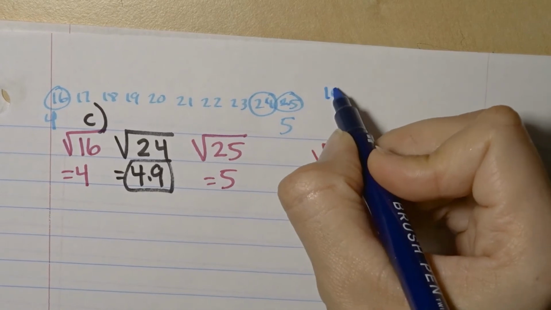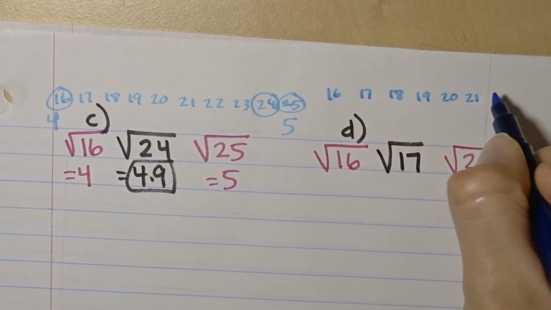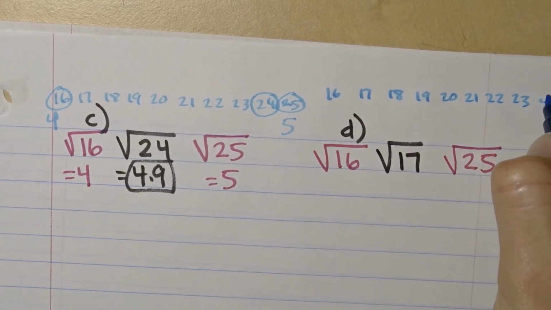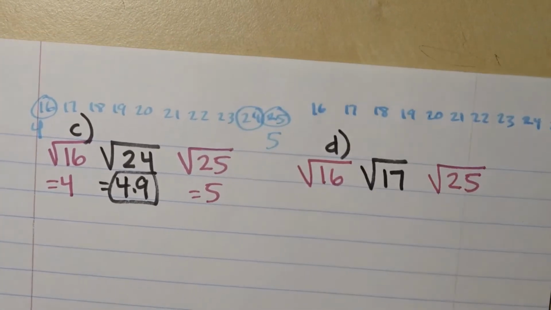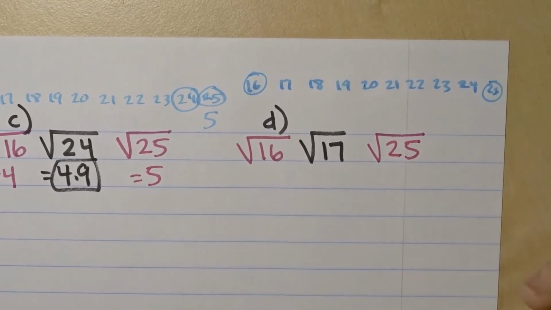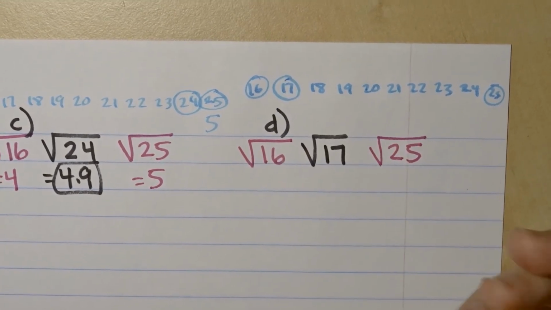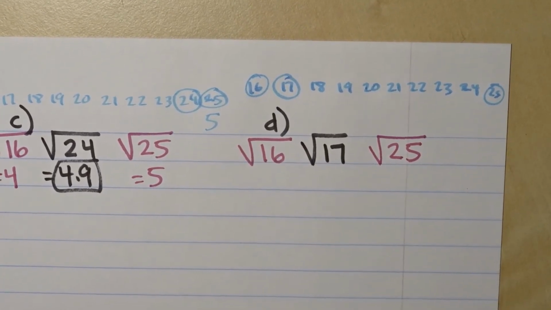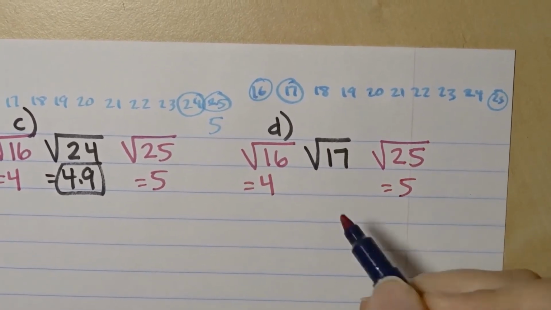So I got 16, 17, 18, 19, 20, 21, 22, 23, 24, and 25. I got 16 already, 25, and this time my 17 is right here.